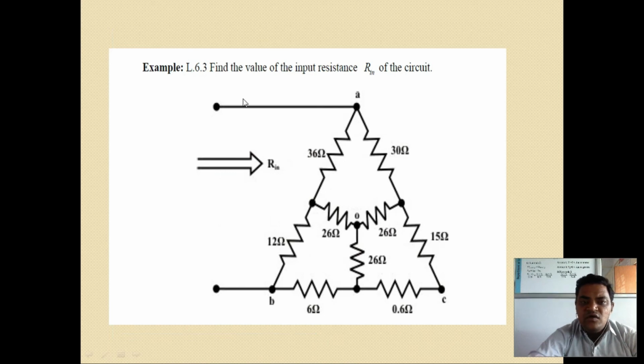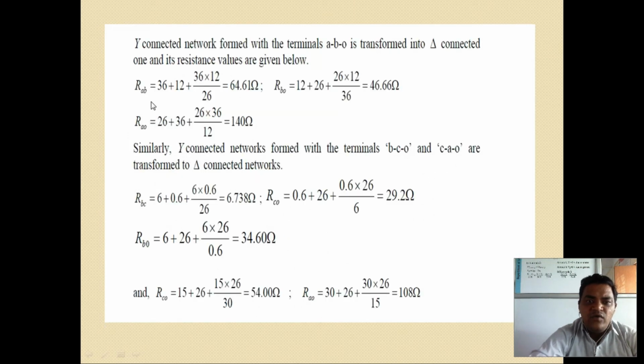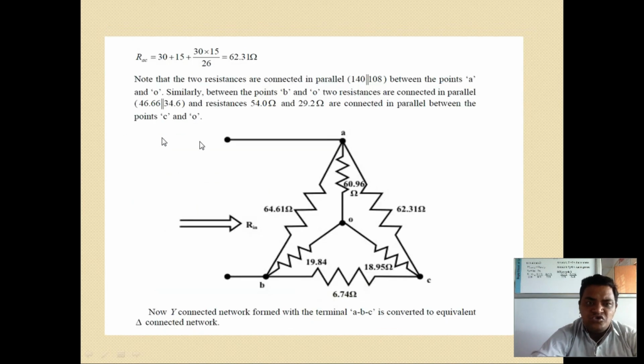Then, to find the value of the input resistance R in, here is a delta transformation, here is again a delta transformation, and here again a delta transformation. First we convert them into star transformations. The first step gives 36, 26 and 12, the second step 30, 15, 26, and then the third step. Then the Y connected network from terminals A, B, O is transformed into delta connected, and it is connected in parallel like this.